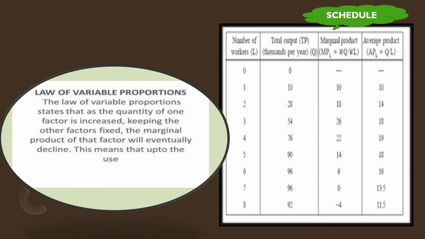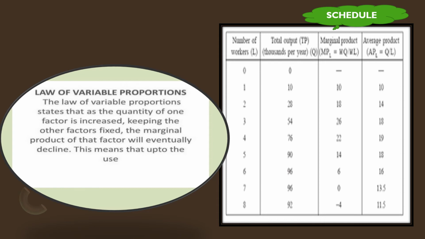This means that, as you can see over here in the schedule, the number of workers denoted by L is 0, 1, 2, 3, 4, 5, 6, 7, 8. At each level of labor, we have been given the total product as 0, 10, 28, 54, 76, 90, 96, 96, and 92.